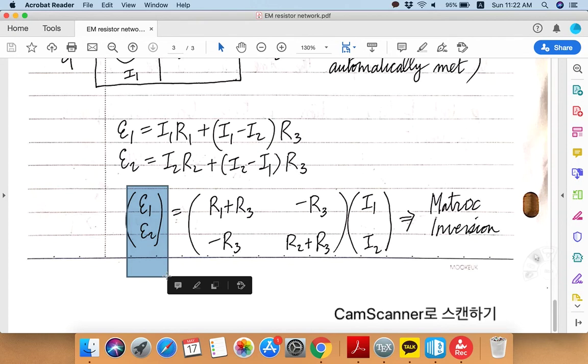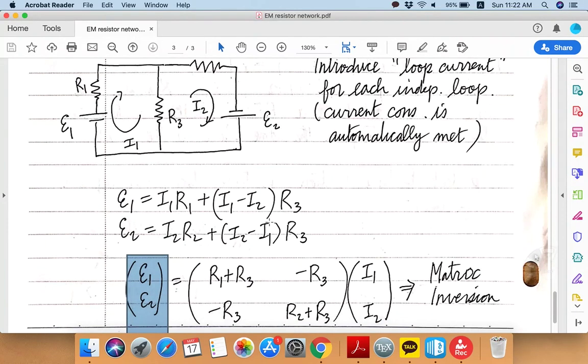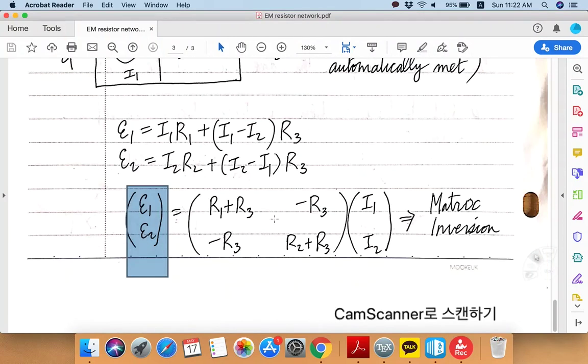Okay, so once you start working with the notion of the loop current, then it becomes kind of obvious that solving the resistor network problem is just solving some linear equation, which is in turn equivalent to finding an inverse matrix of some resistor matrix.